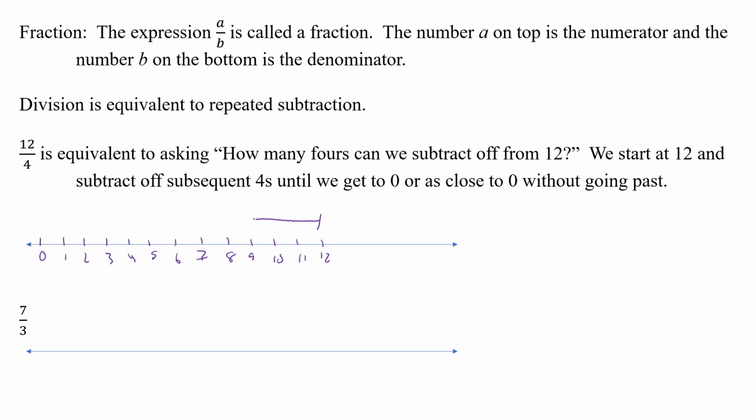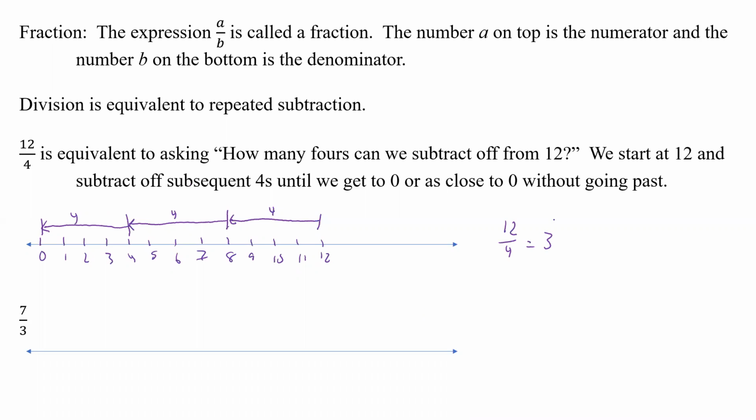So we first subtract off 4. That's the first 4. Then we subtract off 4 more. That's another 4. And then we subtract off 4 more. And now, guess what? We're at 0. So we subtracted off 3 of these.